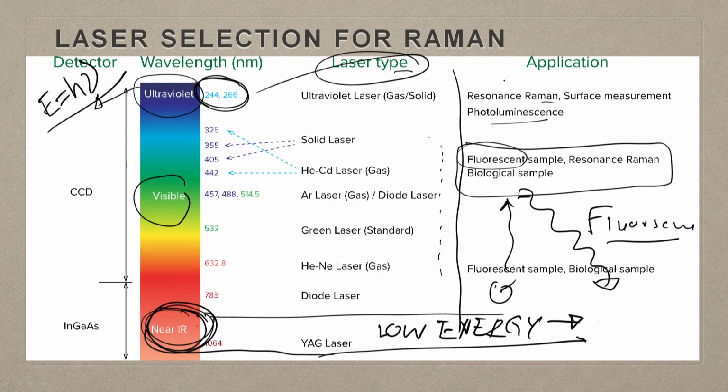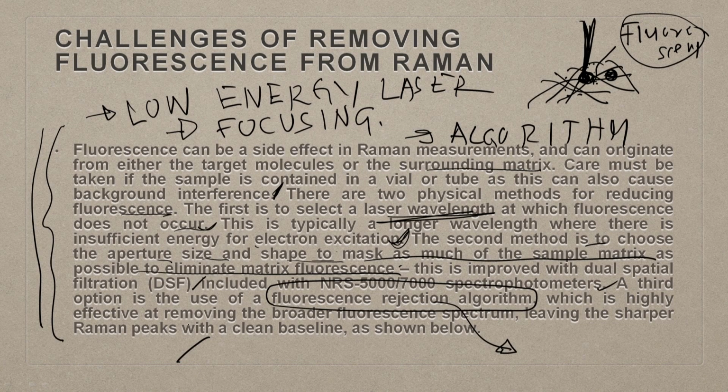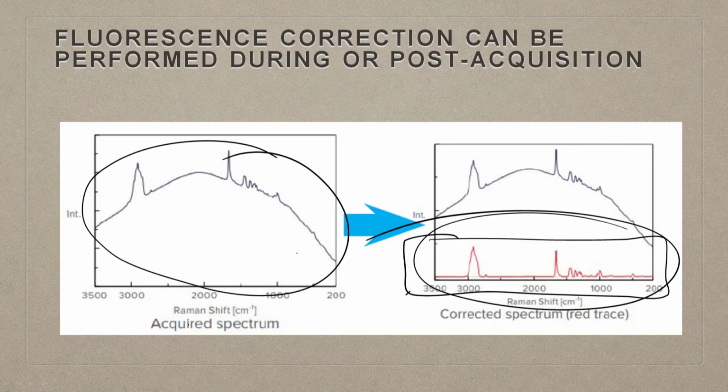Then we talked about the selection of laser and how the choice of laser can ensure certain advantages and disadvantages, especially how to get rid of fluorescence, the challenges of removing fluorescence either using a low energy laser or a very narrow aperture or by using algorithms. I discussed with you the challenges of using algorithms. Then we talked about how you clear up the whole spectra and get the corrected spectrum from Raman.